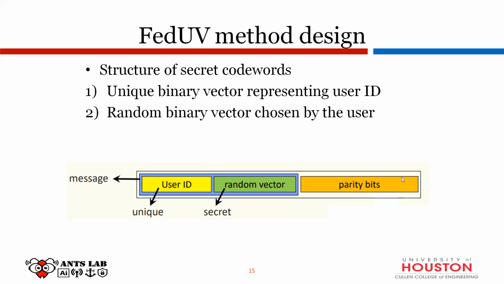Because if it's only for yourself, I'm confused by the parity bits. And it should not be called a message. It can be called an initial vector picked up or something, right? But if it's a message, we're going to send it to somebody, and I need to know from whom to whom.